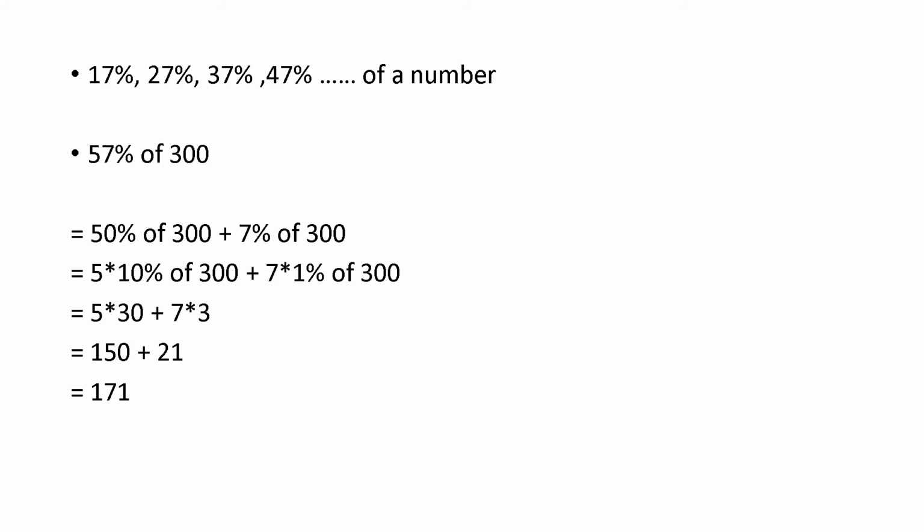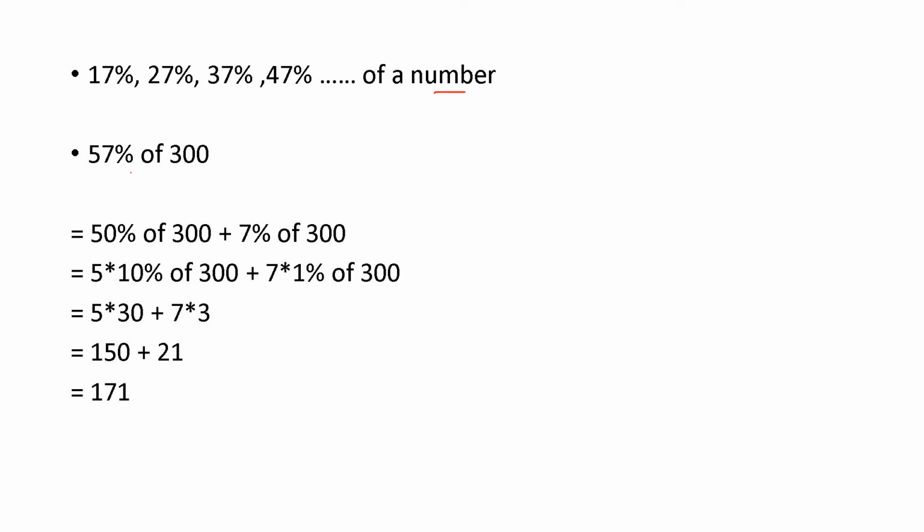Next is 16 percentage of 2480. 16 means 15 plus 1. 15 means 10 plus 5 plus 1. Okay. 10 percentage of 2480 is 248, and 5 percentage is half of 248, and that is 124, and then 1 percentage of 2480 is 24.8. So you will get the answer. Next is 17, 27, 37, 47 and so on percentages of the number.